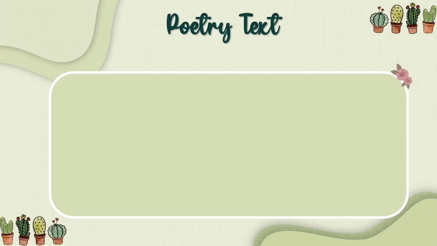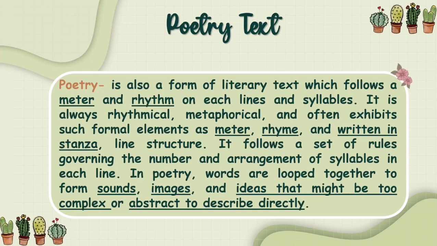Pag-usapan naman natin ang poetry text. Poetry is also a form of literary text which follows meter and rhythm on each lines and syllables. It is always rhythmical, metaphorical, and often exhibits such formal elements such as meter, rhyme, and written in stanza, line structure.